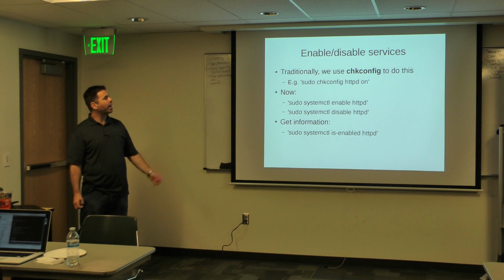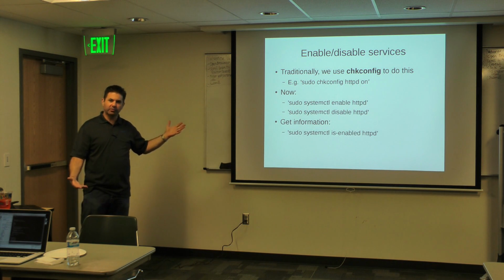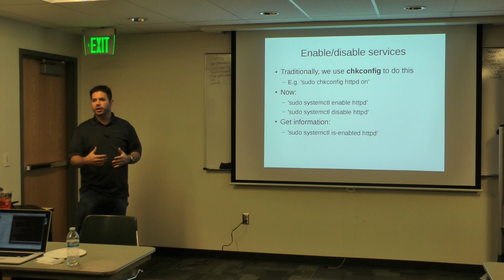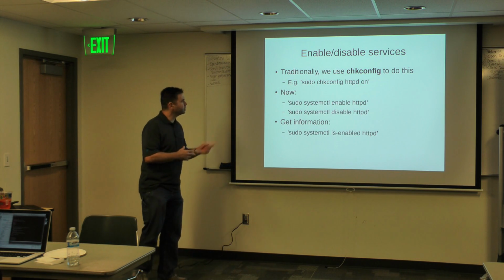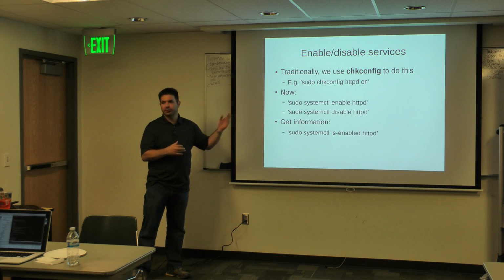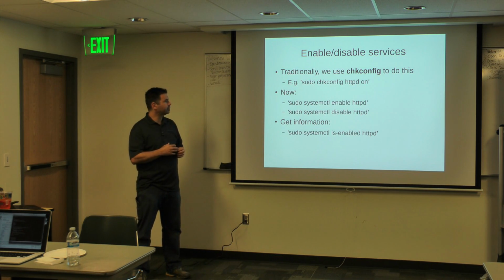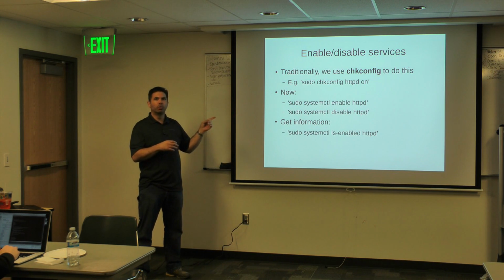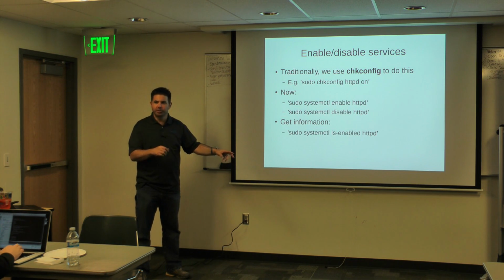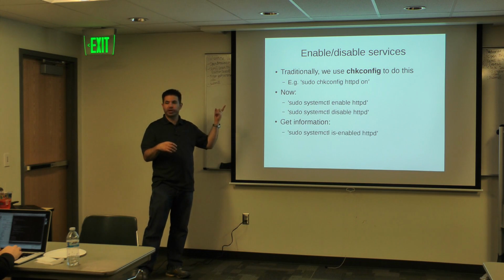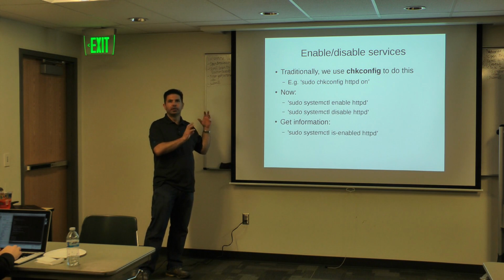Okay, so now what do we do about chkconfig? We use chkconfig to say, I want this on in this run level, that sort of thing. Systemctl gives you an enable and a disable command for doing that. There's probably some parameters you can pass into systemctl to say, I want this enabled for this target, which is like saying with chkconfig, I want this to run in run level 5, or run level 3.